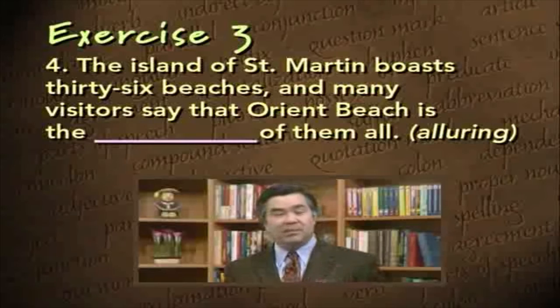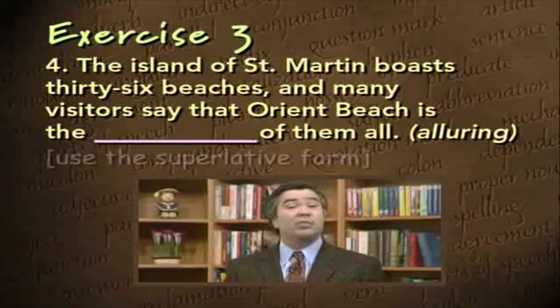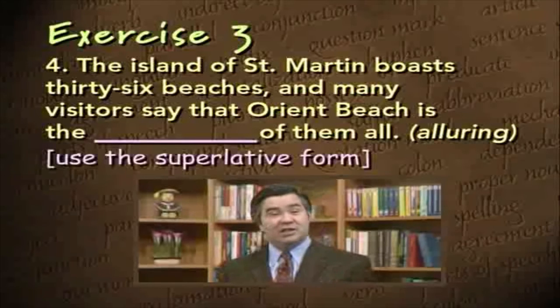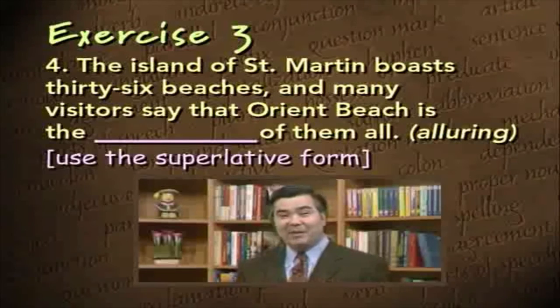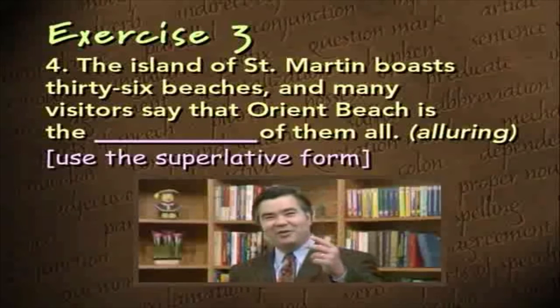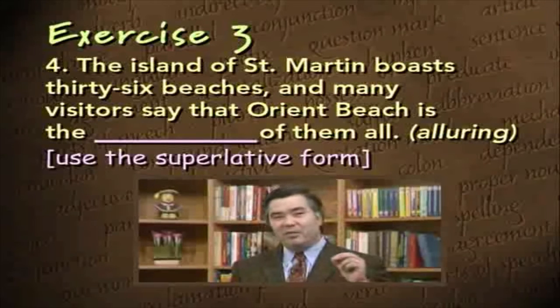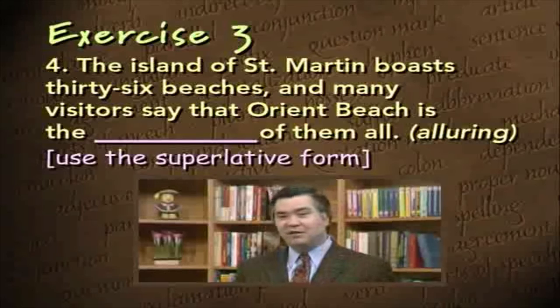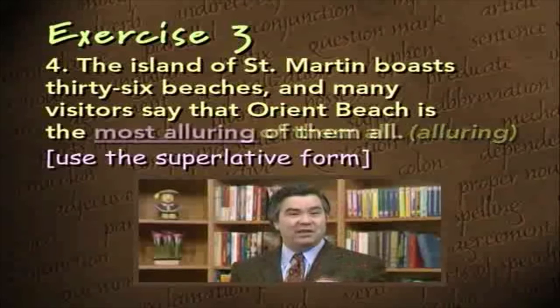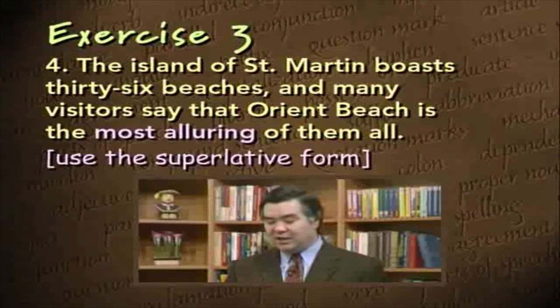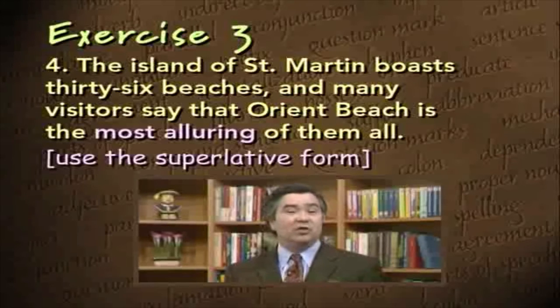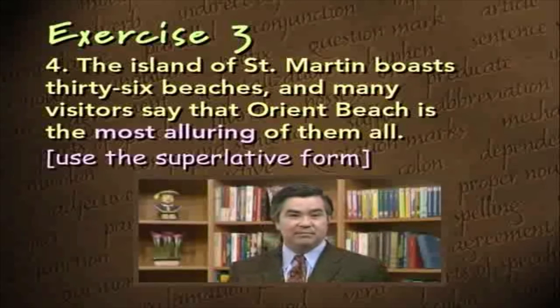So rather than the comparative degree, we want the superlative degree. Now, the adjective alluring contains how many syllables? Three, alluring. Therefore, we need to form the superlative degree by adding the word most in front. And the sentence should read, the island of St. Martin boasts 36 beaches, and many visitors say that Orient Beach is the most alluring of them all.